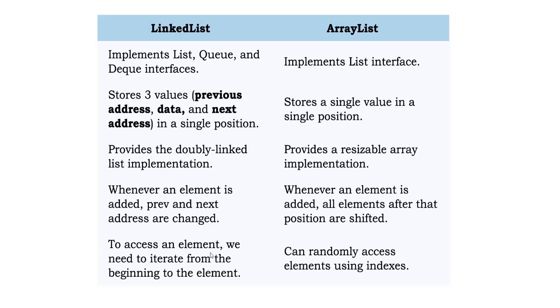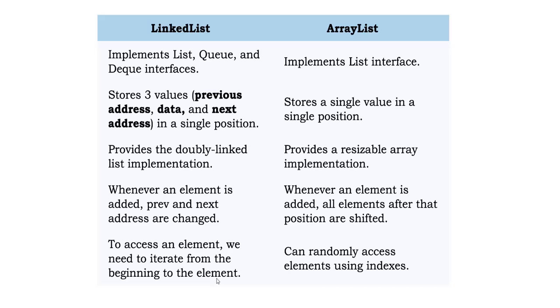To access an element, we need to iterate from the beginning to the element. So suppose if you want to find an element which is present in the 100th position, you have to traverse like 99 times, which is actually kind of disadvantageous in case of linked list. Okay. Because it has to check the 0th position, it will check the address where it is linked.